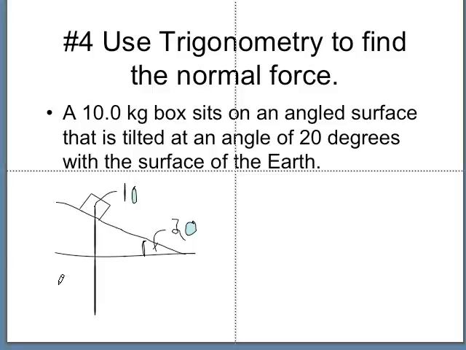So let's label that. This is actually an arrow for a force. I'm not going to get subscripts here, so let me just use a regular G. Okay, that arrow represents the force of gravity.